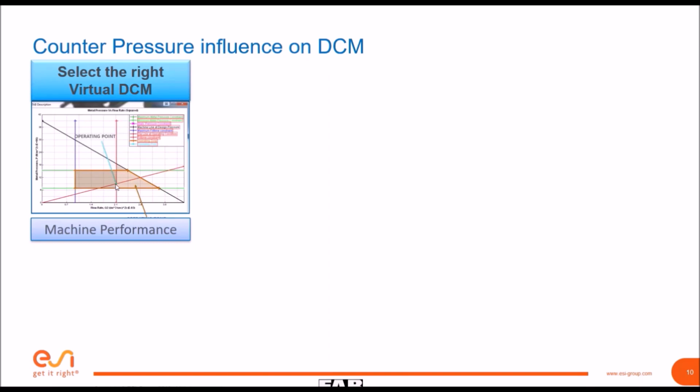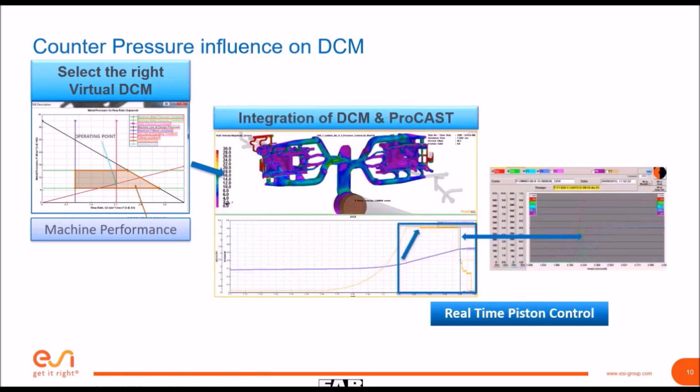This can be translated to the Procast solver, and there is now an integration available between DCM and Procast. Thanks to this, if the pressure request exceeds the maximum power available on the machine, the piston is going to get slowed down. This is what you see over here, the velocity profile of the piston.